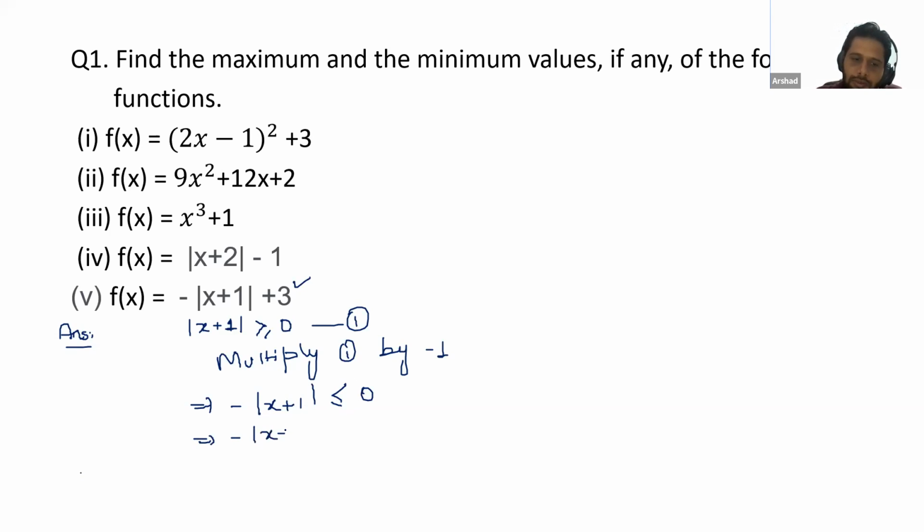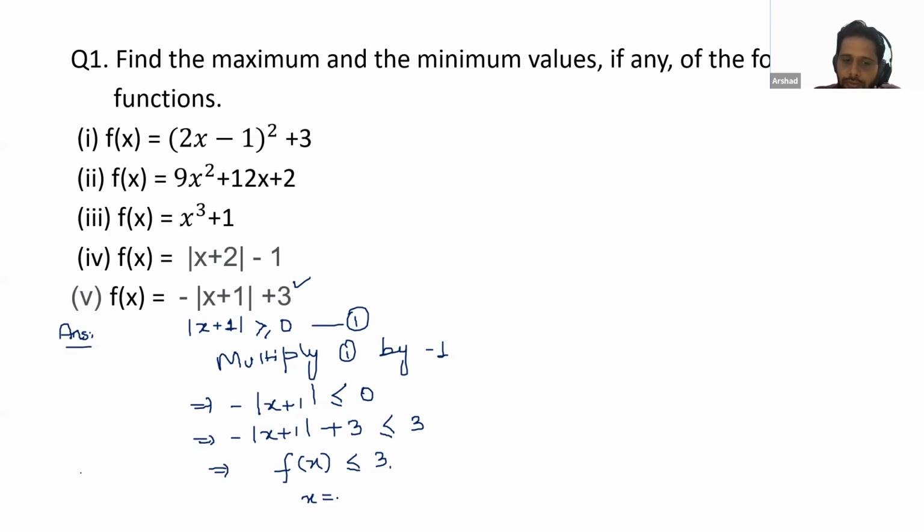So minus mod x plus 1 plus 3 is less than or equal to 3. This is actually the function, so f(x) is less than or equal to 3. So the maximum value of the function is 3, and this function does not have any minimum value. And we will get the maximum value at which point?